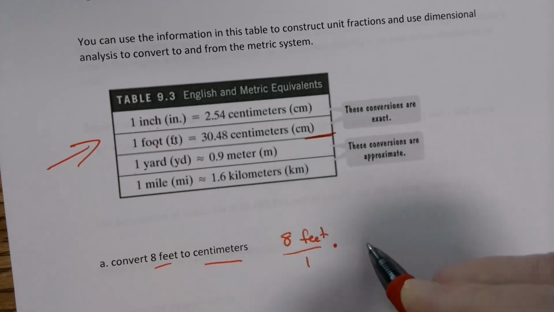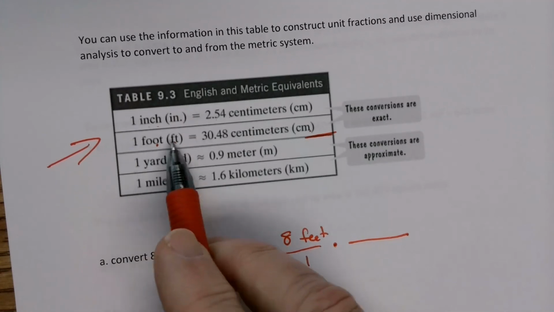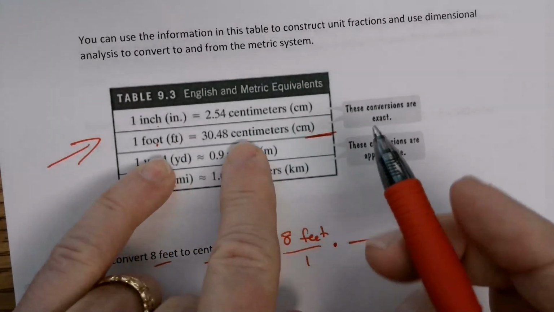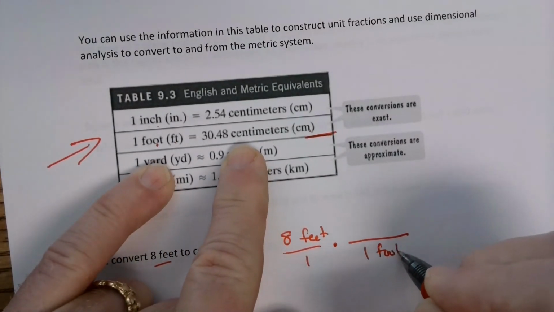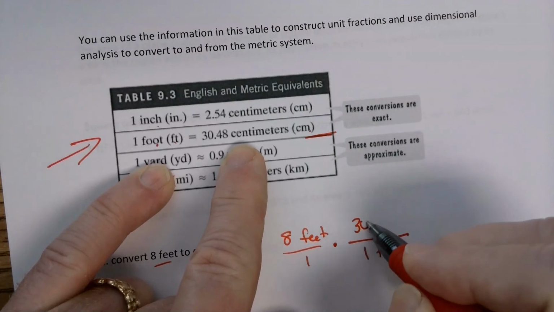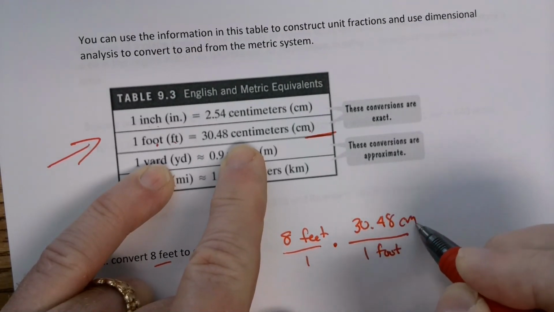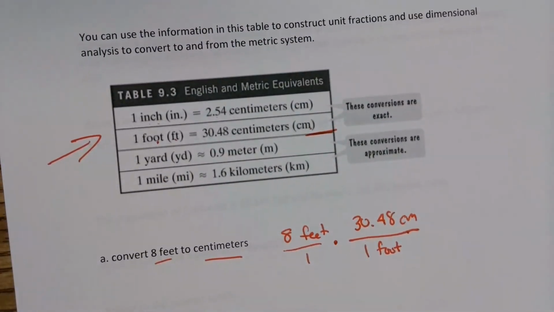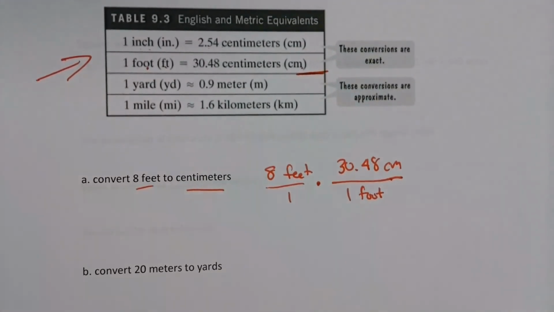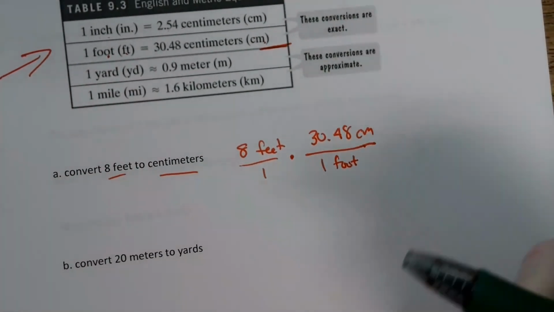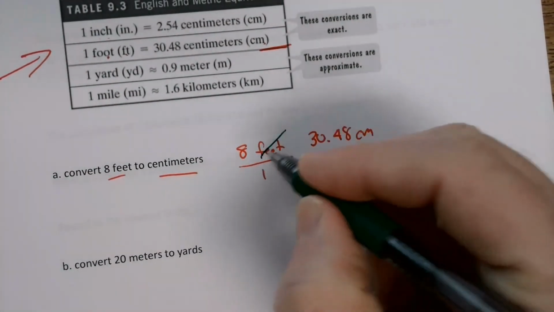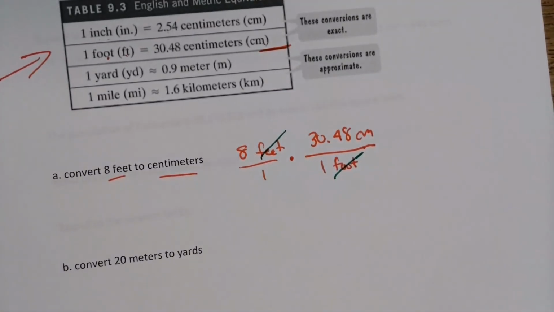We're going to multiply that by, we want to get rid of the feet, 1 foot is 30.48 centimeters. When I do that, the feet disappear, and you're left with 8 times 30.48.